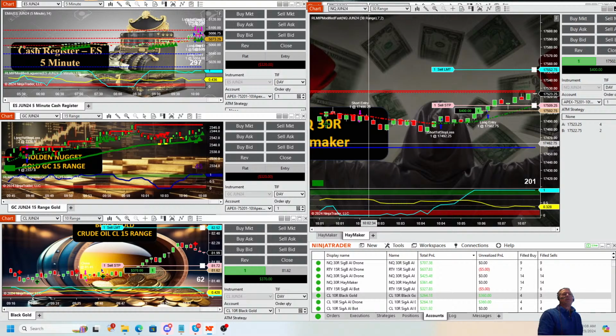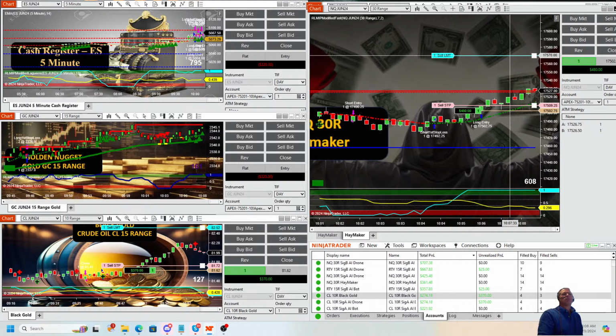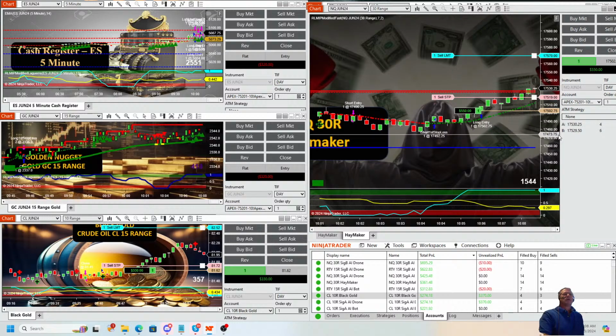Come on, go up through there. It's trying. The Bears and the Bulls are in a real knockout, drag-out fight right here over this price. Go ahead up. There you go.